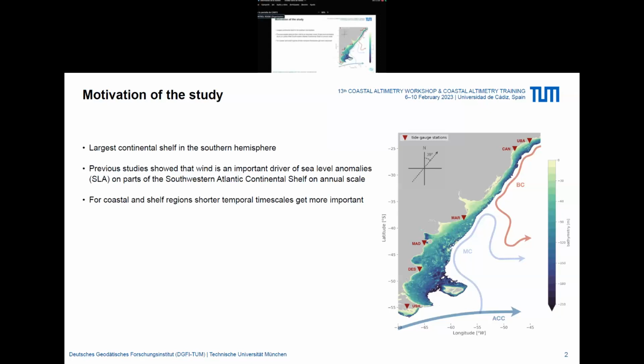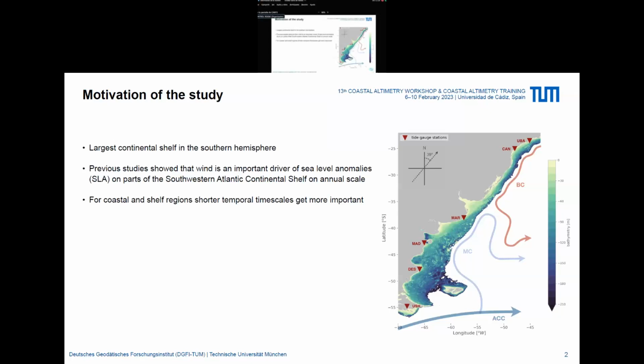We also have very special dynamics. We have two main currents: the Brazil Current is bringing warm water from the north, and the Malvinas Current brings cold water directly from the ACC. They both meet, and this is called the Malvinas-Brazil Confluence. This is also something we saw before in the ESA-2 talk, if you remember.